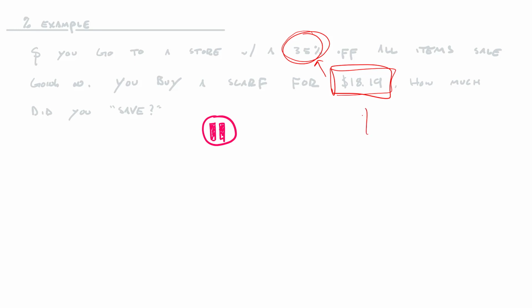So that means that this particular value is actually 65% of full price, right? So when we write our percent equation, I'm not going to use 0.35 at all. I'm going to use 0.65 because it's 35% off, meaning that 65% is what we paid.